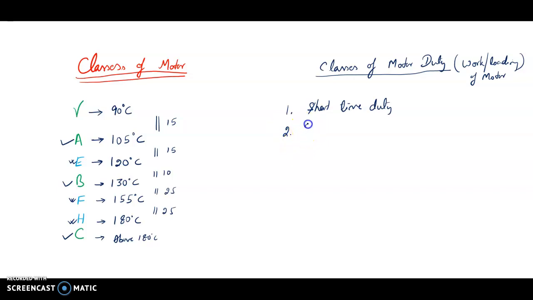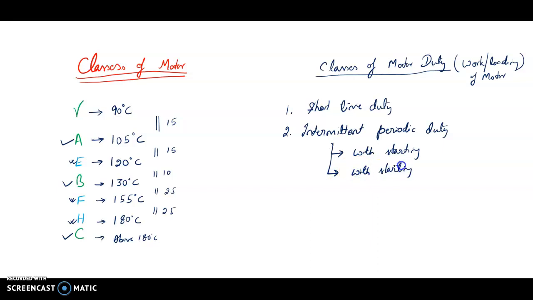Second is intermittent periodic duty, and we can say intermittent duty with starting, where starting cannot be neglected, and intermittent duty with starting and braking. Intermittent periodic duty means it is on for some time, then idle, then on for some time, then idle.